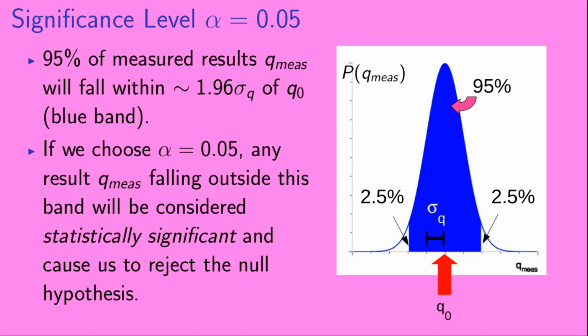95% of measured results Q measured will fall within about 1.96 sigma q of Q0, so within the blue band on the plot. If we choose alpha equals 0.05, any result Q measured falling outside this band will be considered statistically significant and will cause us to reject the null hypothesis.